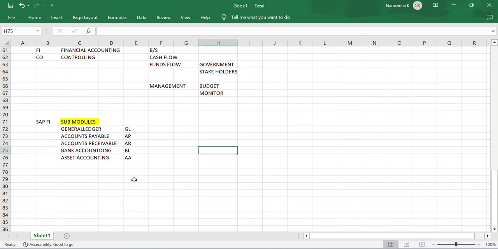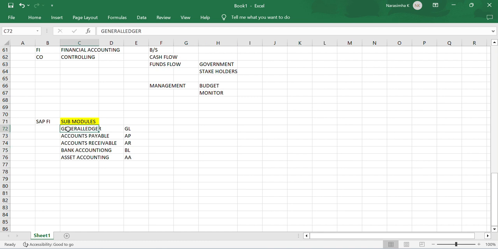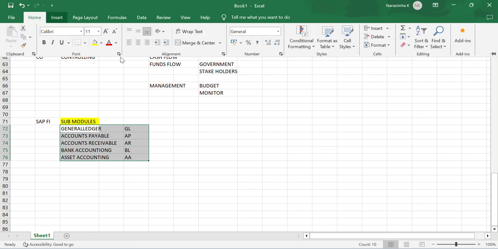These are the submodules in FI. So in this course, we are going to discuss general ledger, accounts payable, accounts receivable, bank accounting, and asset accounting. We will discuss all these modules.